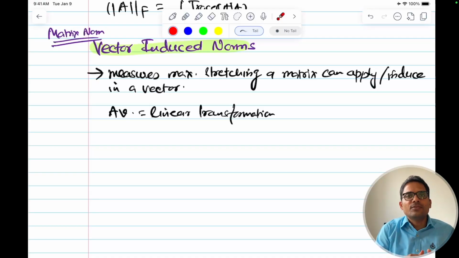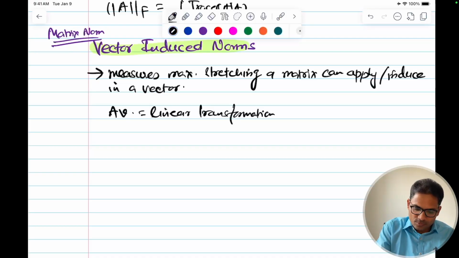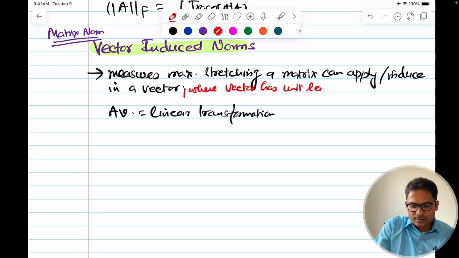So we fix the vector's length as 1, so that we can separate out and measure just the stretching induced by the matrix. I'll write that property here: the vector has unit length under whatever chosen vector norm we are choosing.